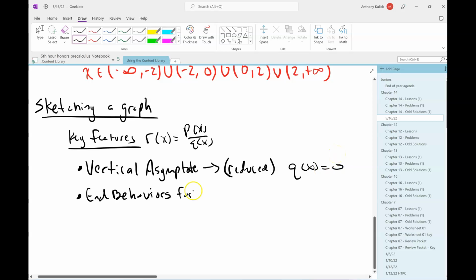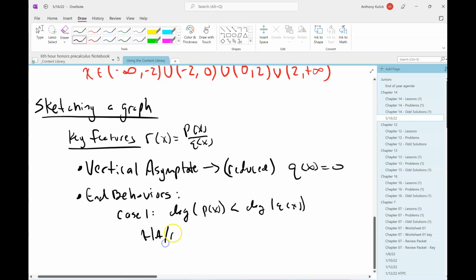All right, end behaviors. So case 1, the degree of p of x is less than the degree of q of x. So you have a horizontal asymptote, or end behavior, at y equals 0.